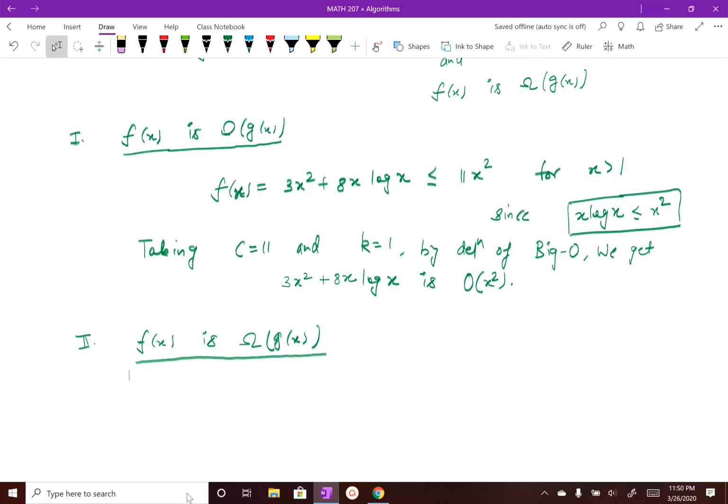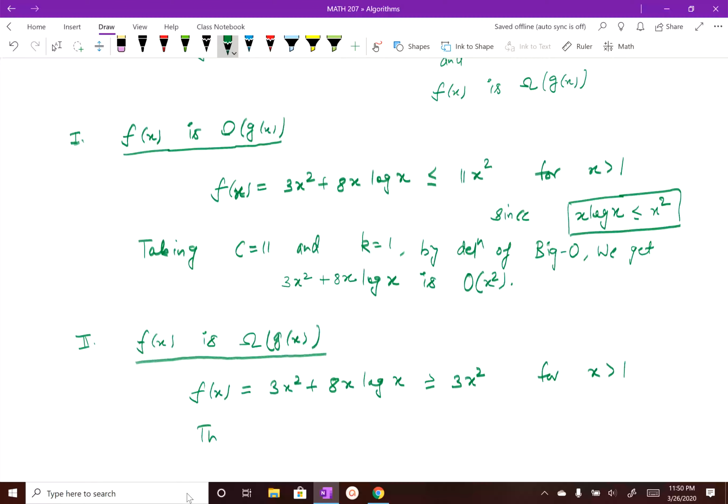Now to prove this second statement, that f of x is big omega of g of x, we take our f of x, which is equal to 3 of x squared plus 8 of x log of x, and this we can say is always greater than or equal to 3 of x squared for x greater than 1.